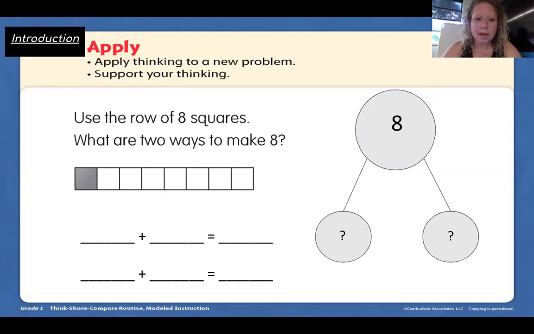What are 2 ways that you could make 8 and 9?